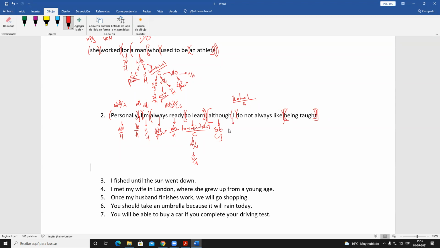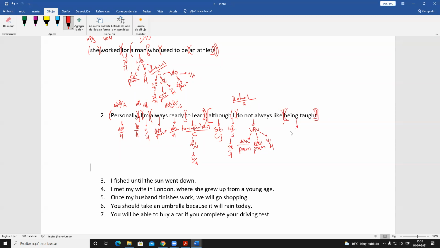So what we have is a noun phrase subject made out of a pronoun head, then a verb phrase verb made out of do not, which is an auxiliary verb premodifier, always is an adverb premodifier, like is our verb head, and finally do not always like what?